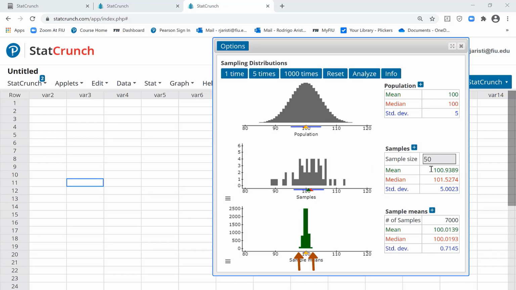We can select any sample of size 50, and the mean computed for this sample will be a value that is close to the true mean of the population. We can use this sample mean to estimate the parameter, the mean of the population.